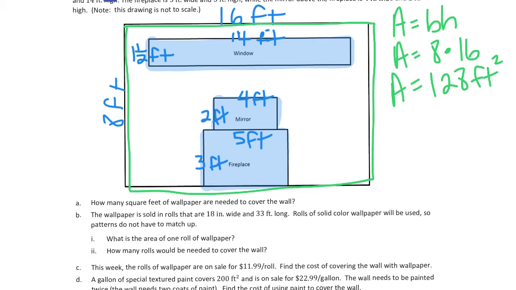Now that would be my answer if I was doing the entire wall, but there are sections of the wall that I'm not doing. The first of those is the window up at the top. So for the window, my area is 1.5 times 14. And so when I multiply those together, I get 21.